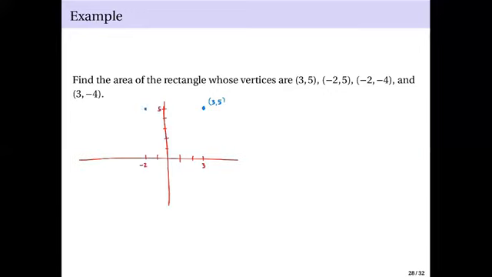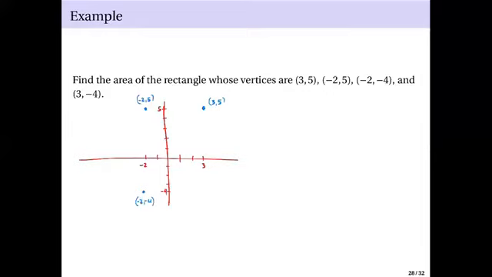So now we go down the y-axis. Negative 1, negative 2, negative 3, negative 4. So this is our negative 4 here. The point is roughly here. So we have negative 2, negative 4.